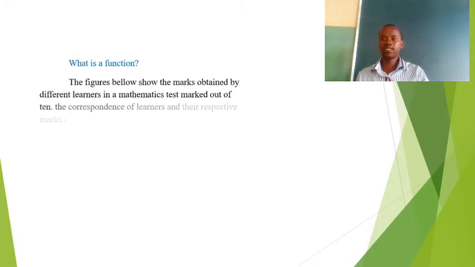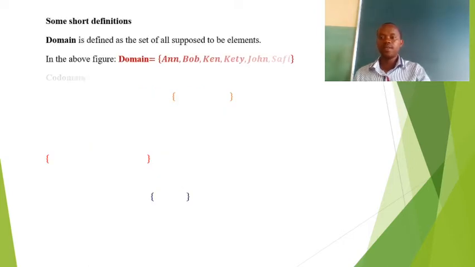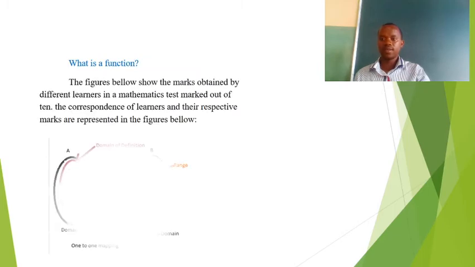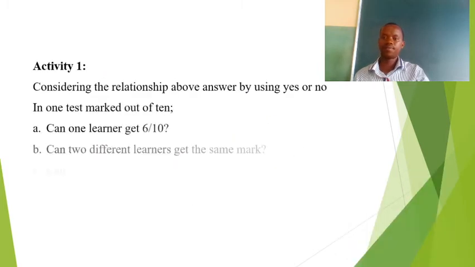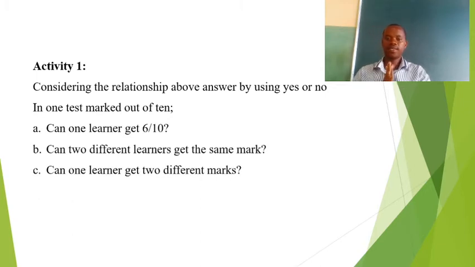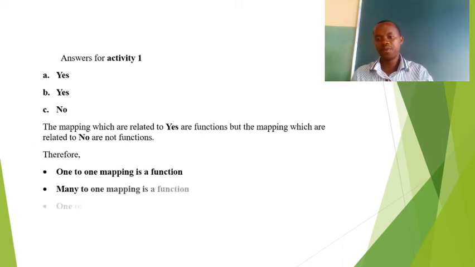I think that you have answered the activity. And let us see the answers for this activity. For A, yes, one runner can get 6 out of 10.